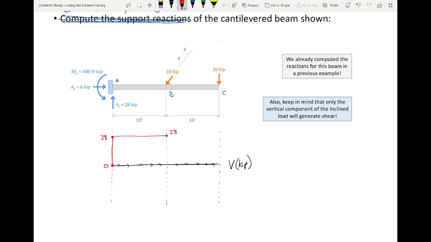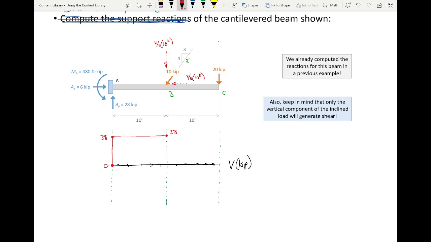Now what do I do? 3/4. Oh, here we go. You're close. Hold on, let's talk about this. This is a 3, 4, 5 triangle. Splitting this up into X and Y components, this is 4/5 of 10 kips and this is 3/5 of 10 kips.